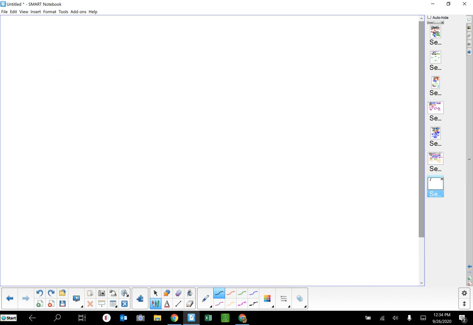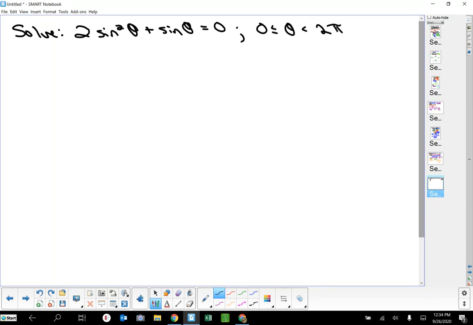All right, this one: solve 2 sine squared theta plus sine theta equals 0, where 0 is less than or equal to theta is less than 2 pi. And so what you're going to do here is factor out a GCF.